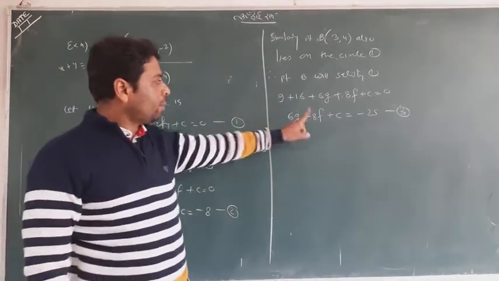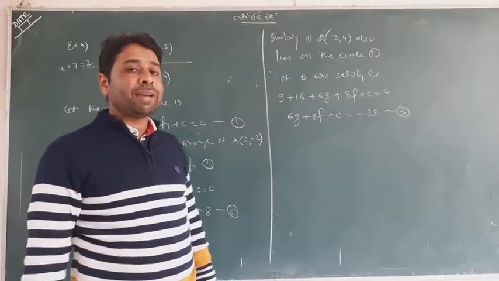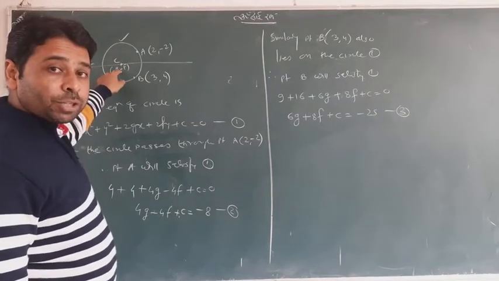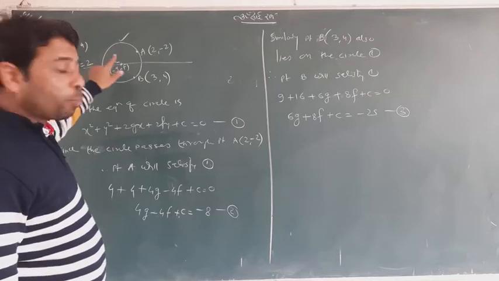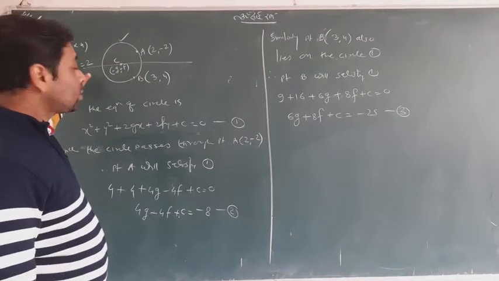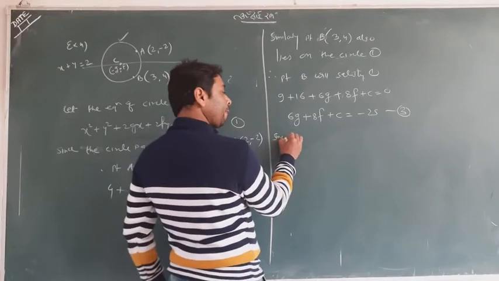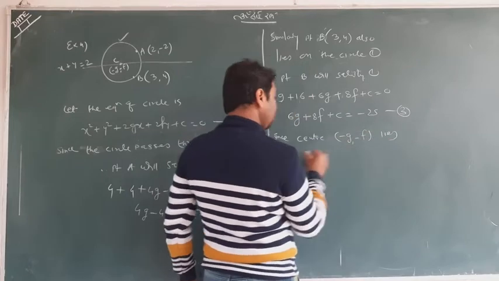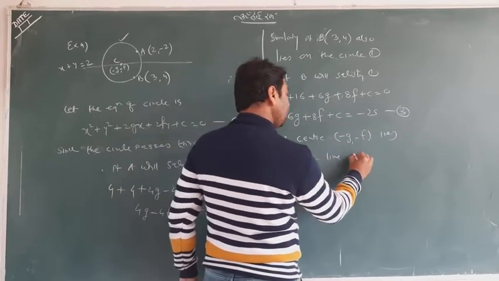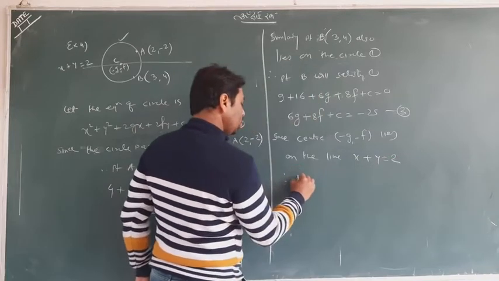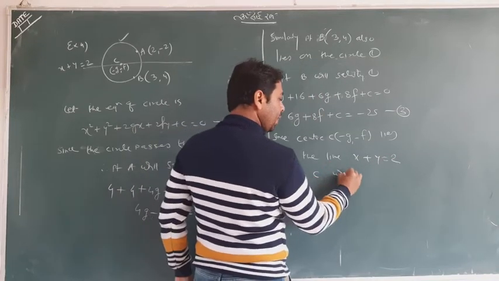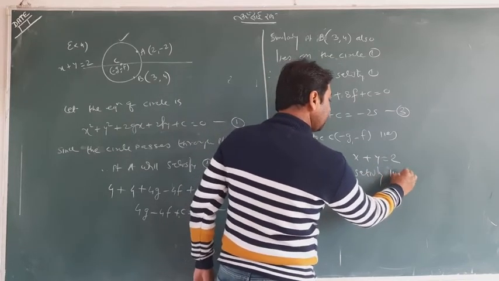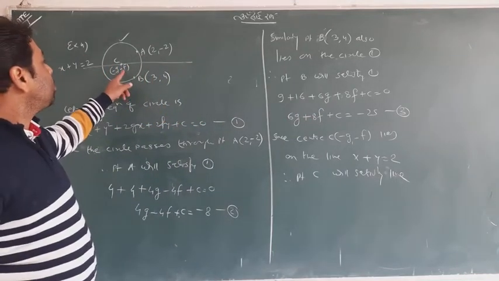So first you got one, second you got another, now the third is still remaining. For the third I will use the statement that the center lies on this line. So what is the center? (-g, -f) lies on the line. Since the center (-g, -f) lies on the line x plus y equal to 2, point C will satisfy the line.